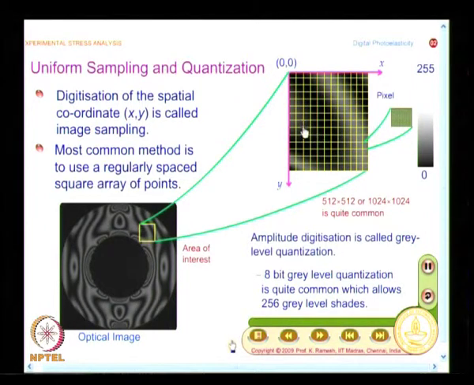So, you identify the image as an assembly of small picture elements, and for each of these pixels you assign a number between 0 and 255. If you are processing a negative, it will give the light transmitted, and if you are processing a positive, it will give the light reflected.